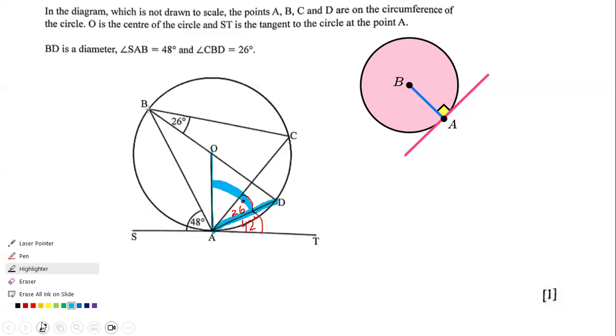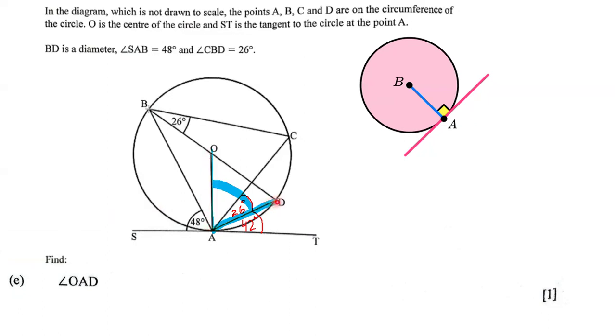Now, what is the size of angle OAD? We're going to use this particular theorem, which says that the angle formed between the tangent and the radius is 90 degrees. Here we have the radius, and here we have the tangent line, and the angle formed between them is 90 degrees.